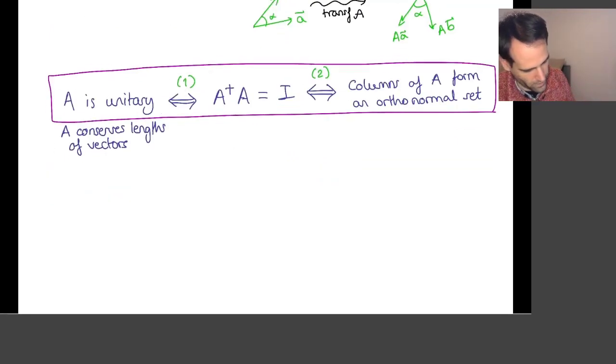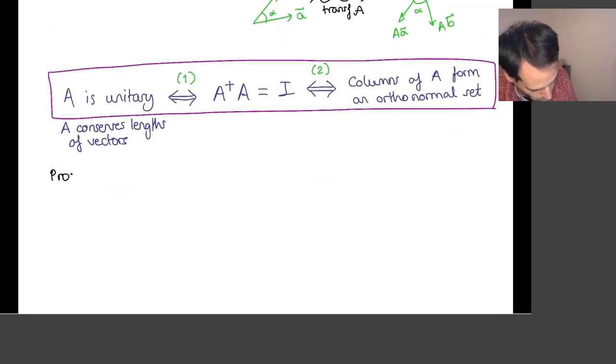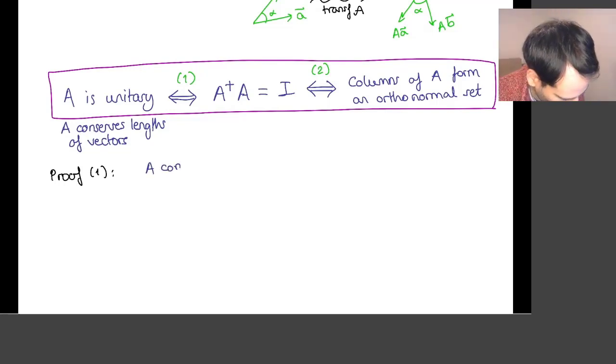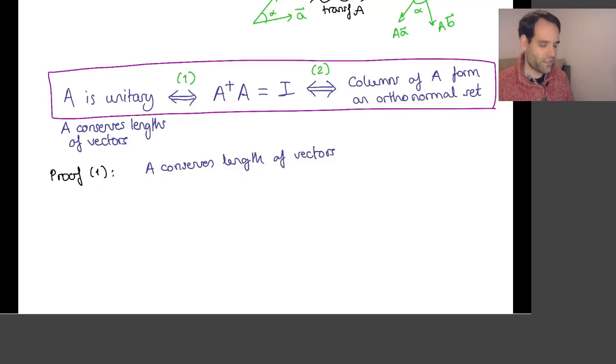So proof of one. If A conserves the lengths of vectors, what does this mean? It necessarily means that the length of a vector x is equal to the length of a vector A times x.